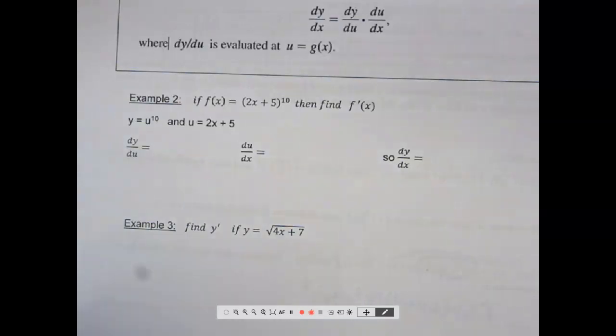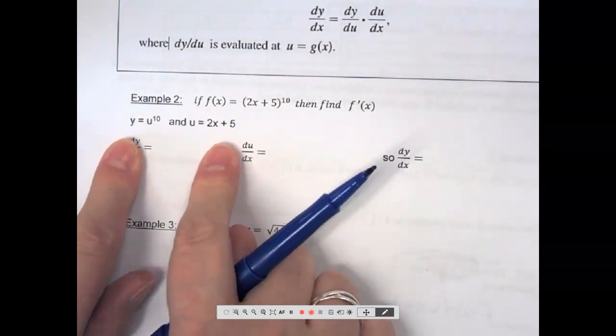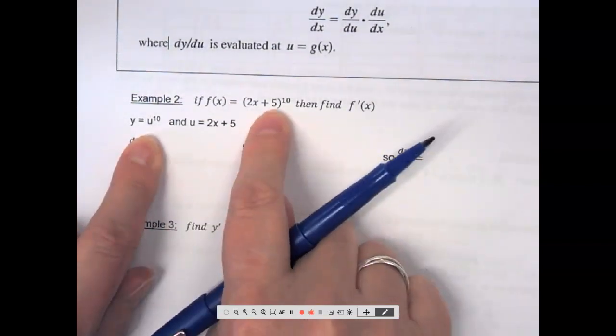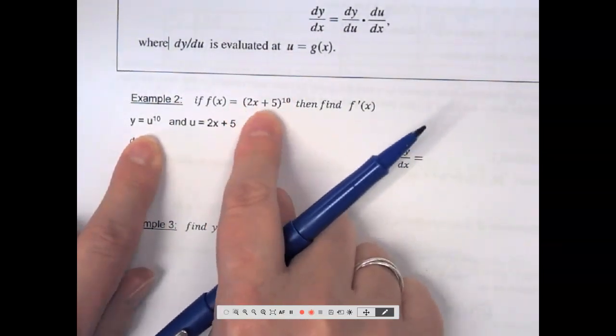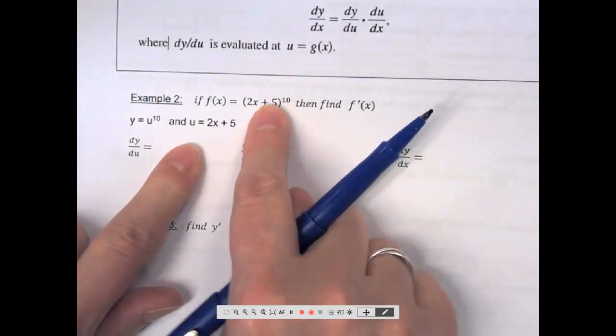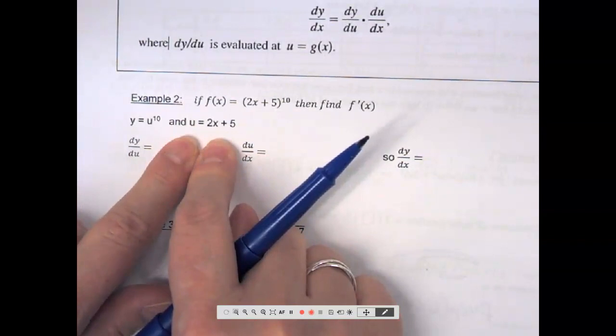So I have a composition of functions. I plugged something into x to the 10, and I want to find the derivative. So the first way, I'm going to use this u concept. I'm going to break it down even simpler and say this is just u to the 10. But then u is 2x plus 5.